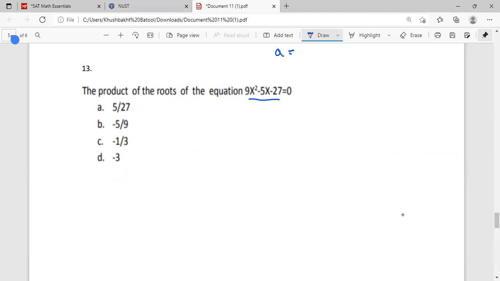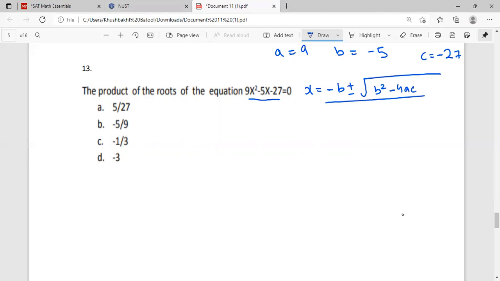A is 9, B is -5, and C is -27. x equals minus b plus minus under root b square minus 4ac divided by 2a. x is going to be 5 plus minus under root 25 minus 4 into 9 into minus 27 divided by 2 into 9.